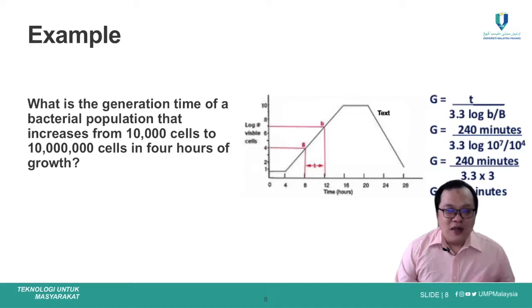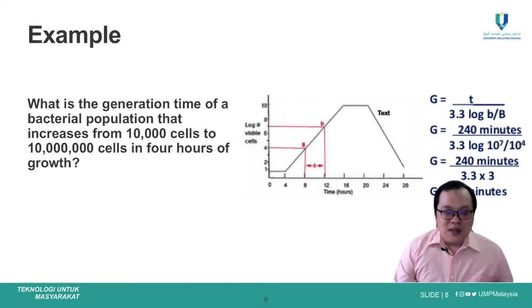So now we know the time interval, or t, is equal to 240 minutes, that is 4 times 60 minutes.